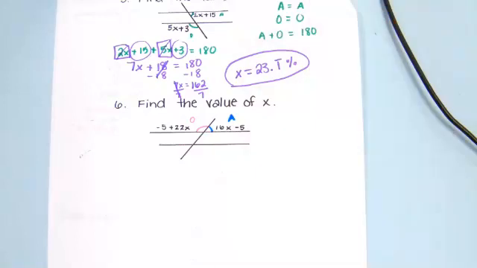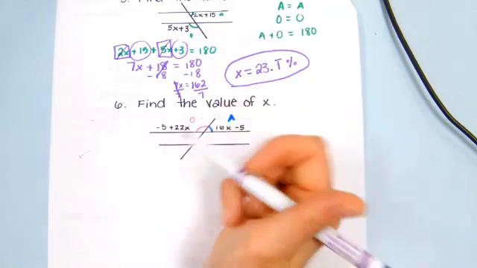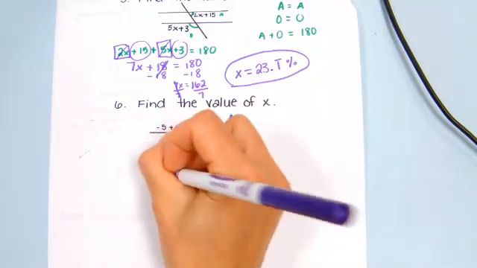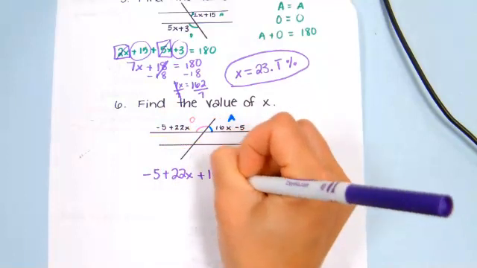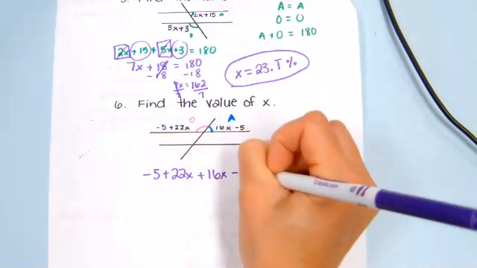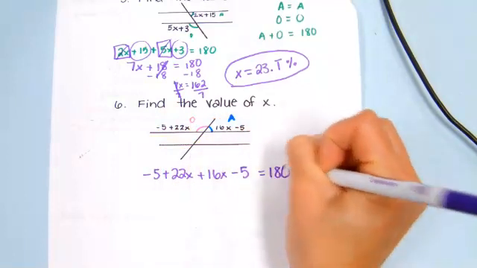What do I do this time if I have both of them? Yeah, that's right. We're going to add them to equal 180. So -5 plus 22x plus 16x minus 5 equals 180.